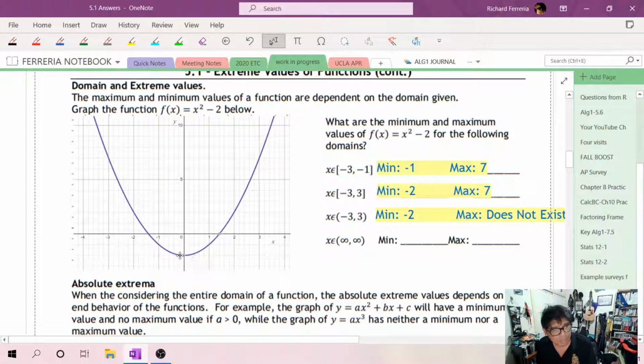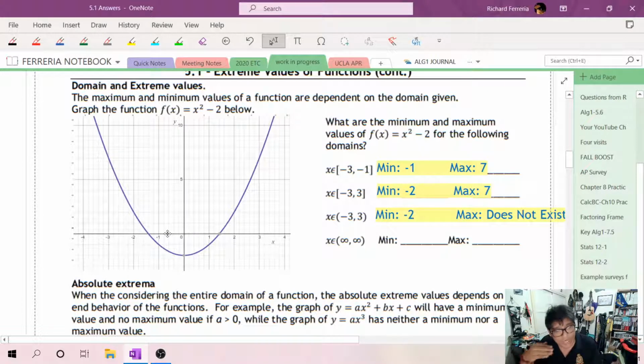So what about where the domain is from negative infinity to positive infinity? Well, the minimum is still going to be negative 2. I think we can see that right there. But the maximum value, for a different reason, is not going to exist. Because now the y-coordinate does get bigger and bigger in the sense that we like to think of it. So it goes from 100 to 150 to 200.